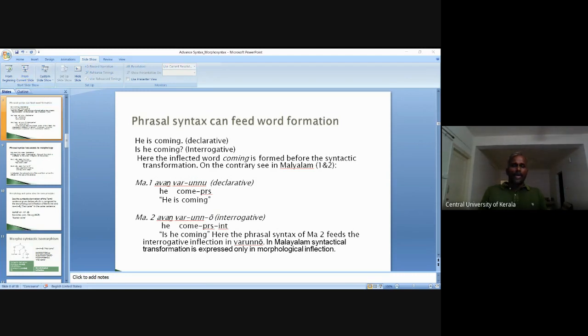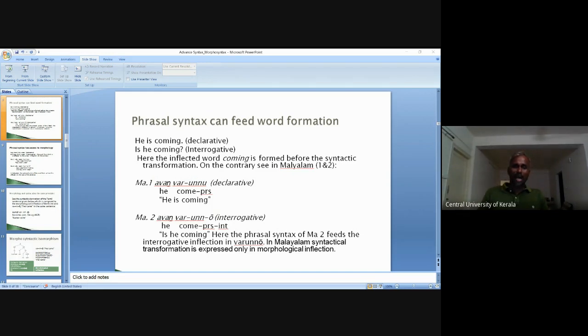The first counter argument made by Anderson is that phrasal syntax can feed word formation. For example, in English, "he is coming" is a declarative sentence, and "is he coming" is an interrogative sentence. It is a transformation. In Chomsky's syntax, the declarative can be transformed into an interrogative sentence. Here, the inflected word coming is formed before the syntactical transformation because both are the same.